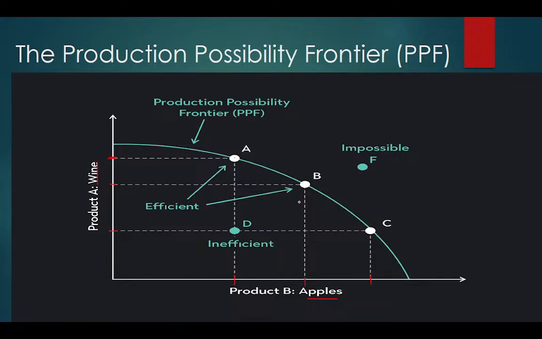Here we are saying it's impossible because this is outside the curve. So point F is impossible, and point D is impossible.